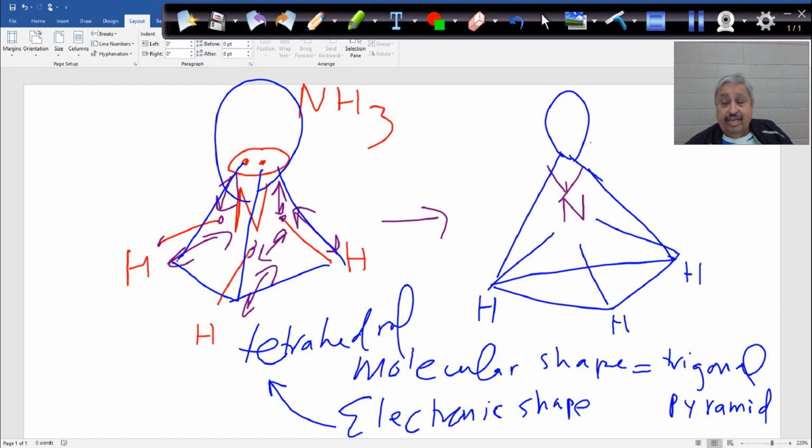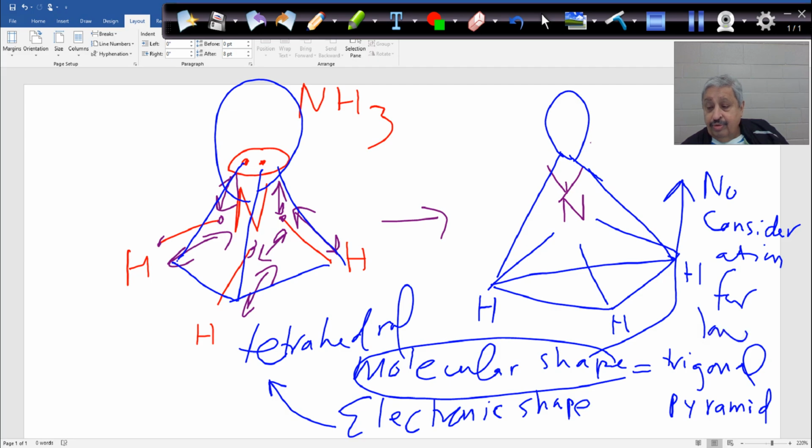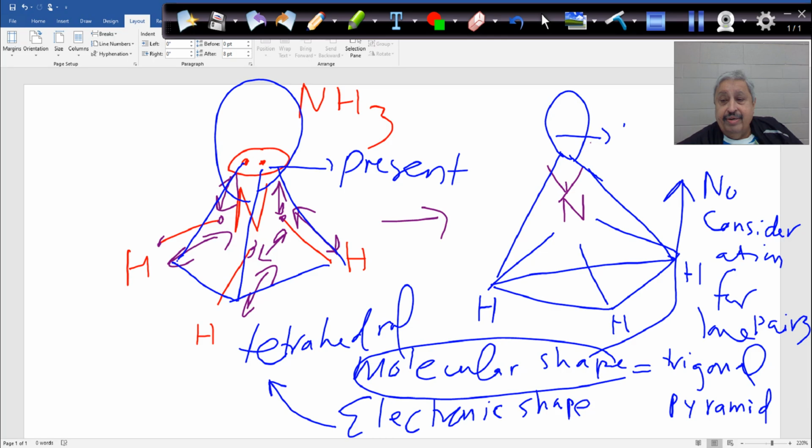The molecular shape is not counting the lone pair, no consideration for lone pairs, or non-bonding pairs or orphan pairs. Those are filled, present here, and not present there.